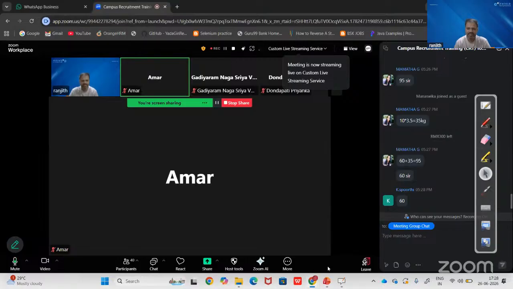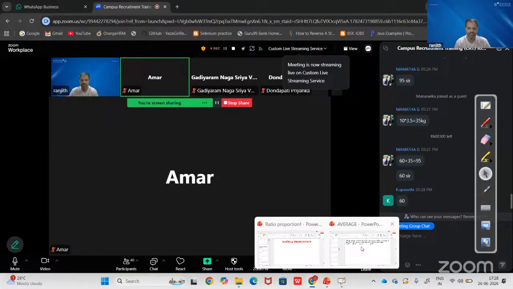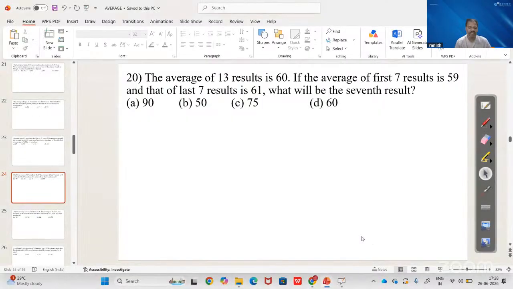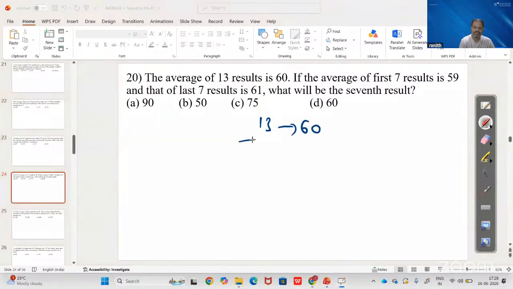Yes, the answer is 60. The average of 13 results is 60. The average of the first 7 is equal to 59. The average of the next 7 is equal to 61.